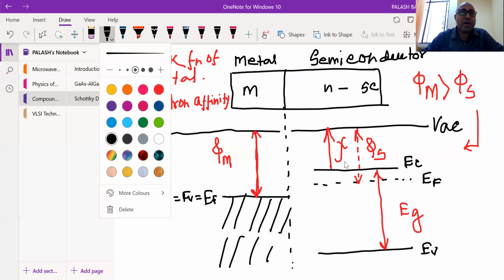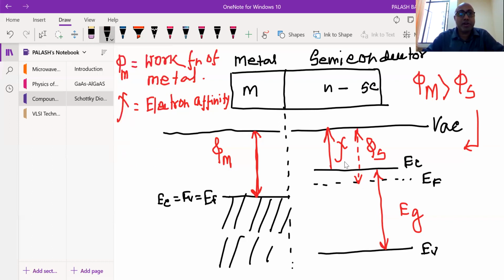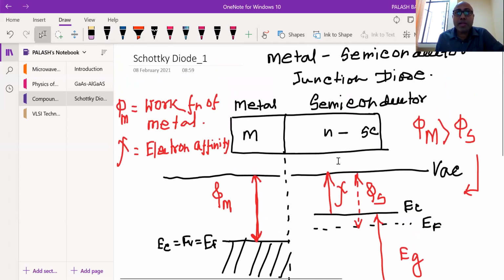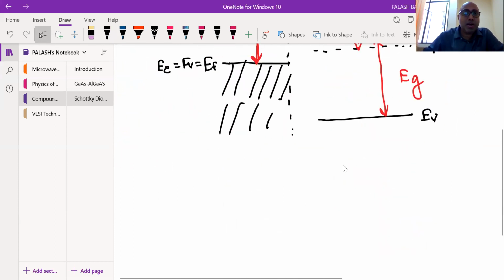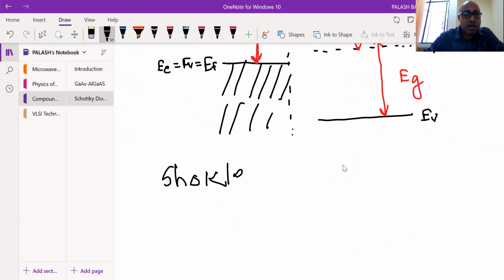Another thing is that whatever I'm discussing is an ideal metal semiconductor junction, which is called the Schottky model. So, a metal semiconductor junction diode. All of this is what I'm discussing about the Schottky model. Great scientist, I think.